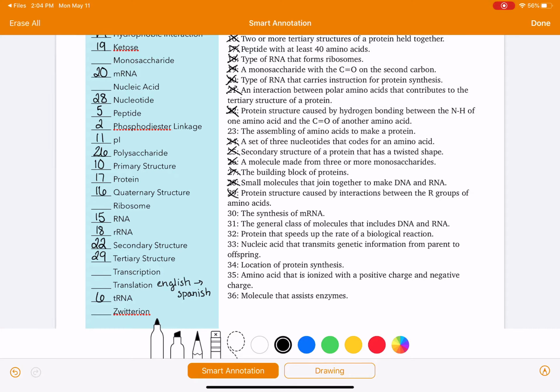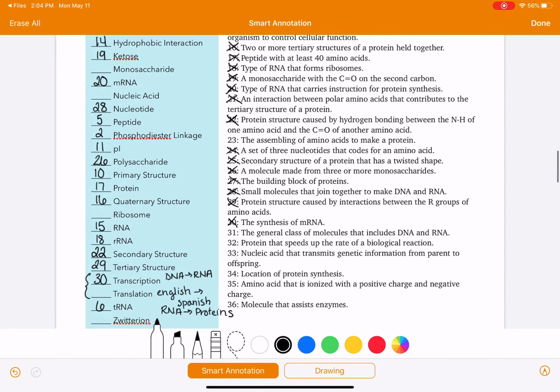So the way that I remember transcription versus translation is that when we are staying with nucleic acids, so DNA to DNA or DNA to RNA or something like that, that's going to be a transcription. But when we are translating nucleic acids into proteins, amino acids, things like that, that is translation. So the synthesis of mRNA from DNA is just a transcription.